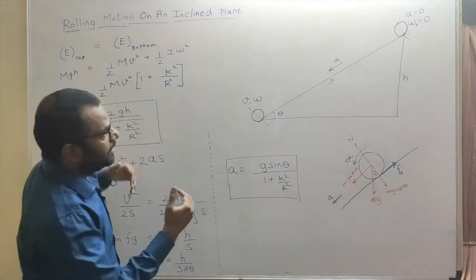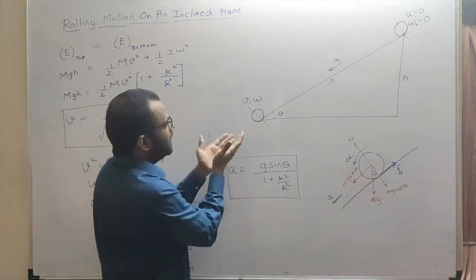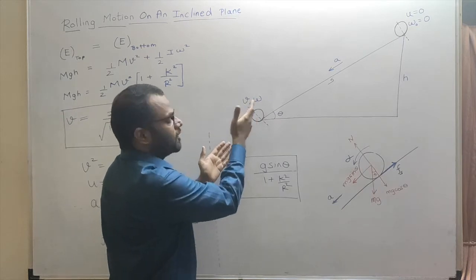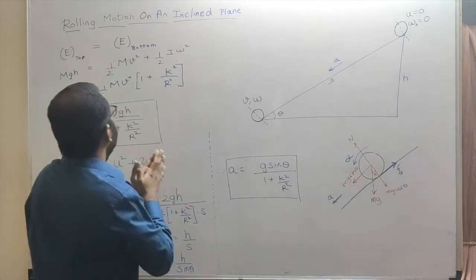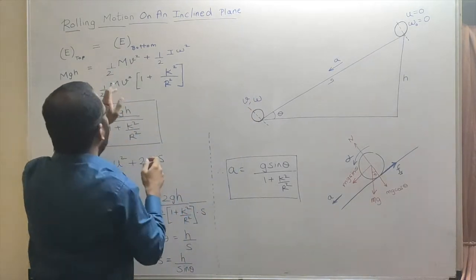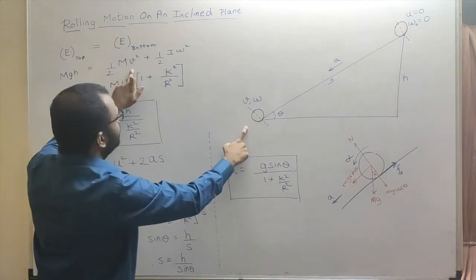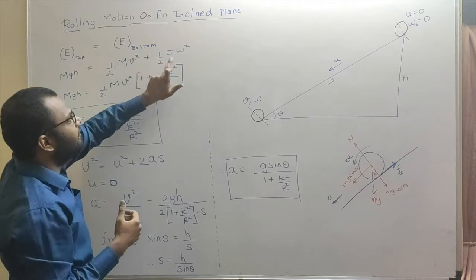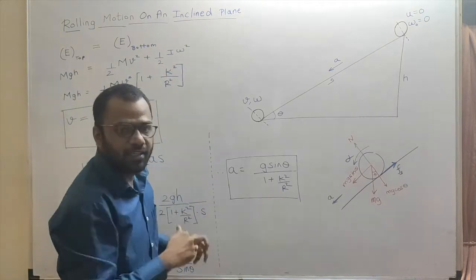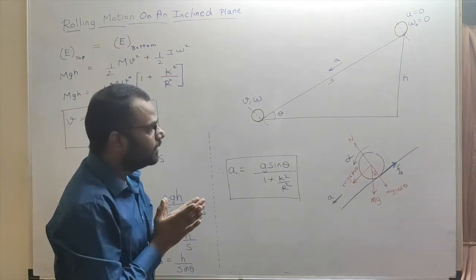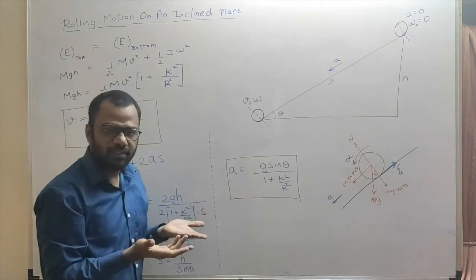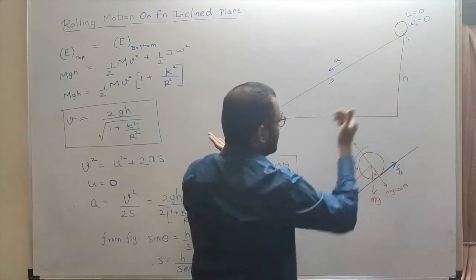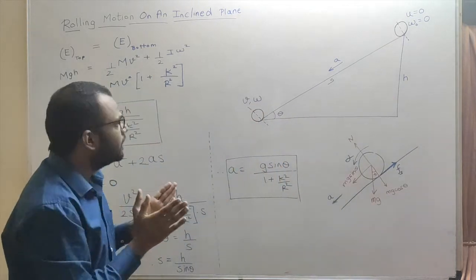At the bottom, the linear velocity is v and angular velocity is omega, so the energy will be half mv square, translation kinetic energy, plus half I omega square, rotational kinetic energy. Its potential energy over here is 0 because this is the datum or reference line.